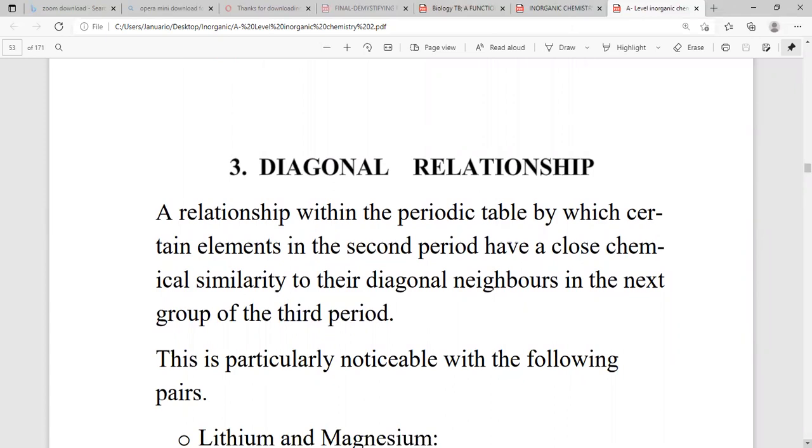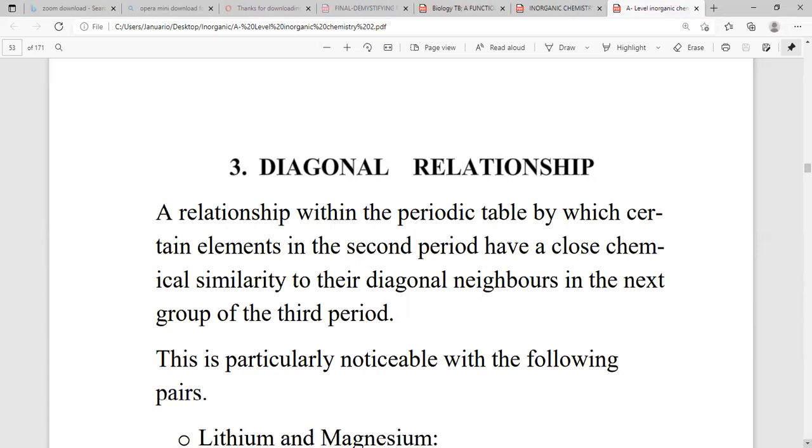Now, there is another periodic property that we are required to talk about. This one gives us a relationship that we call the diagonal relationship. When you go to the periodic table, you look at the elements that are occupying the diagonal positions in group 1 and group 2.